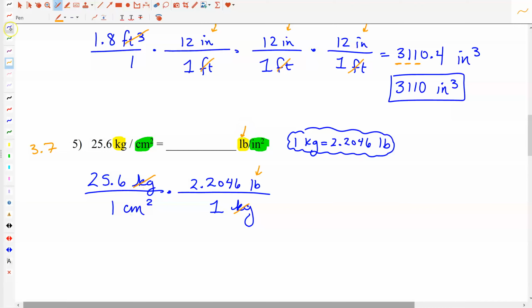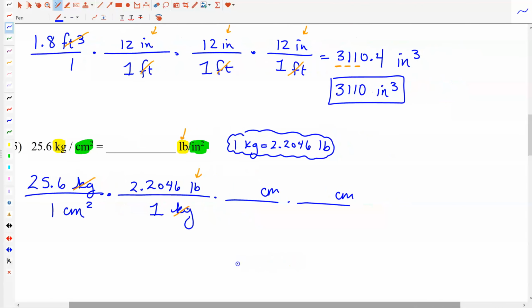Now I'm going to convert out from centimeters, specifically square centimeters, to square inches. I have 2 centimeter units I need to convert out, so I'm going to set up 2 fractions, with centimeter information in the numerator because it's on the diagonal of where it originally is. Since it was originally in the denominator, the diagonal now is going to be the numerator. And the relationship between centimeters and inches is another conversion factor.